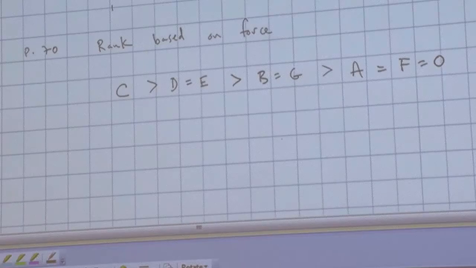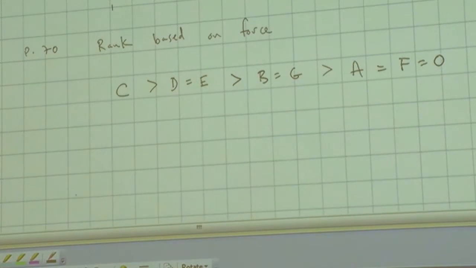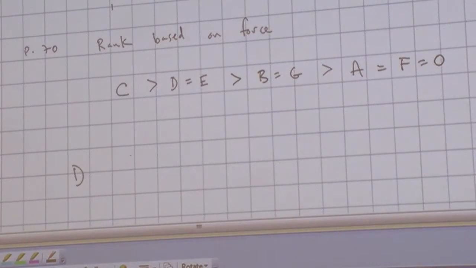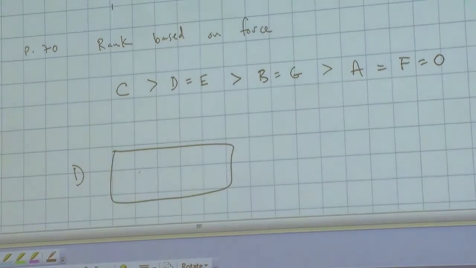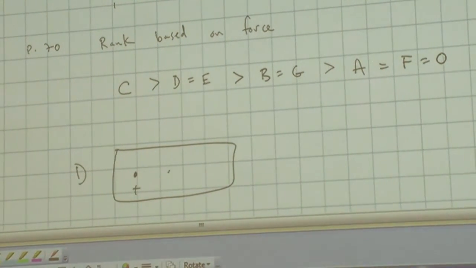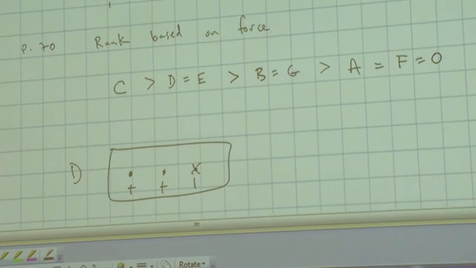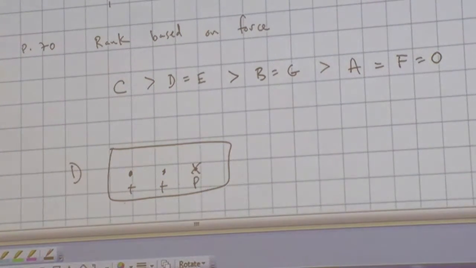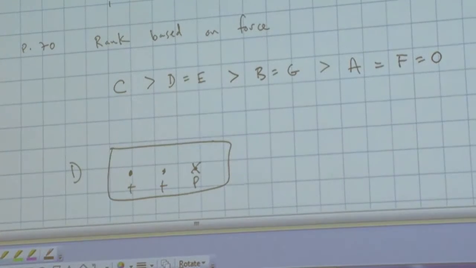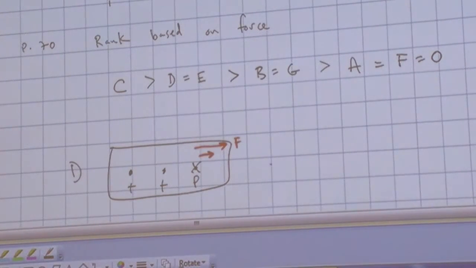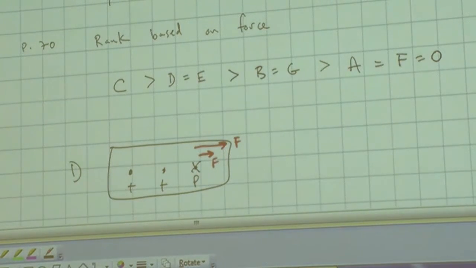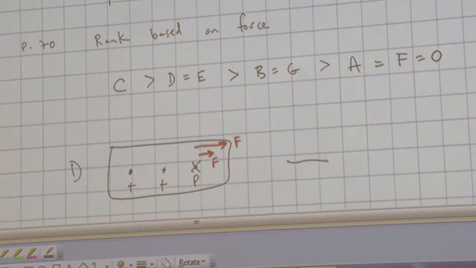Let's do D. D has positive, positive, and there's our point P. So the force, we're going to have a big force and a smaller force, right? So we'll add those two together.